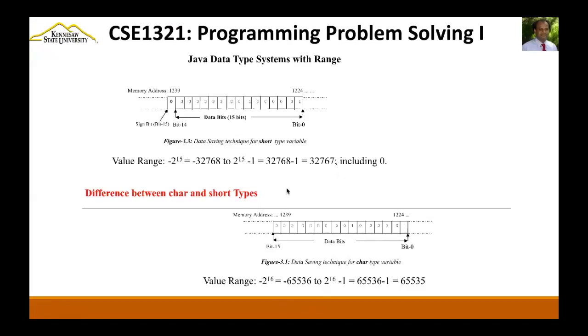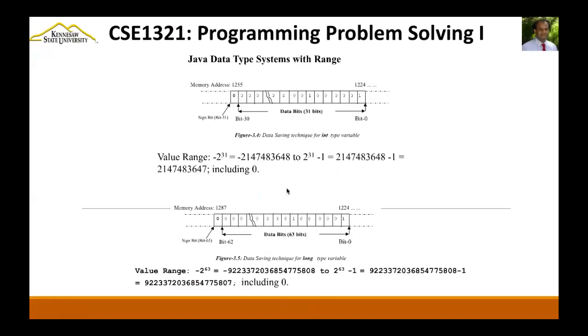Most frequently we will use integer type, and the range of integer type is this. You see the range is a very large number, maybe 2.1 billion maximum. It's a pretty large number.